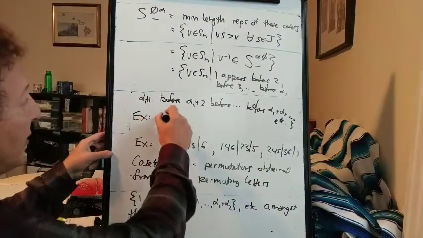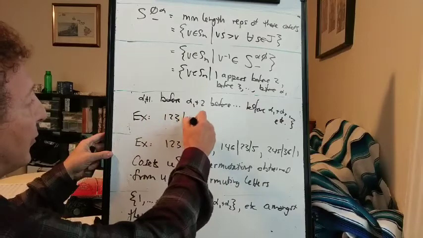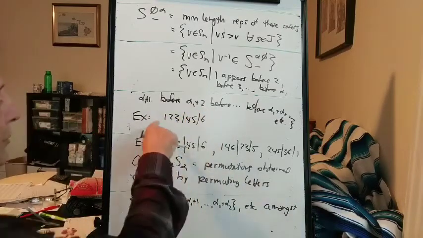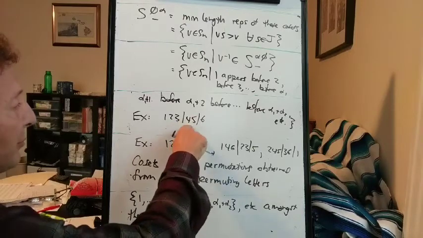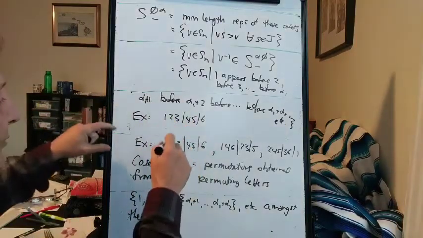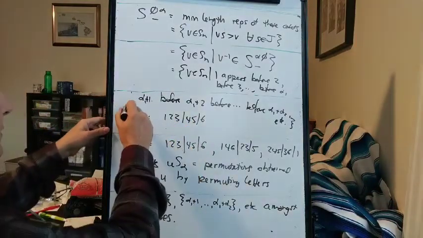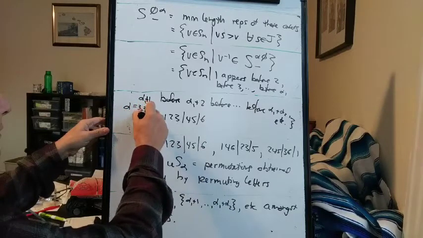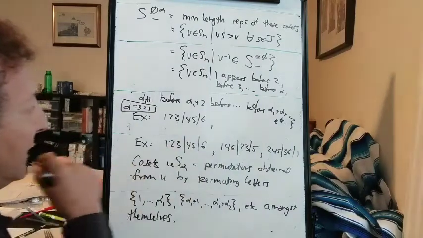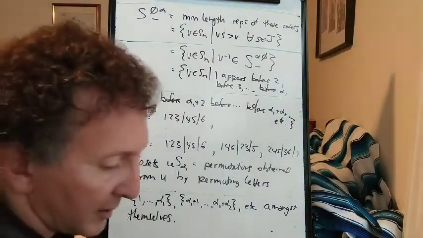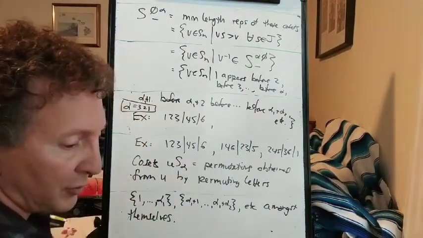So for example, we have 1, 2, 3, 4, 5, 6, because 1 appears before 2, which appears before 3, 4 appears before 5, etc. I'm still using alpha equals 3, 2, 1. And then 1, 4, 5, 2, 6, 3.